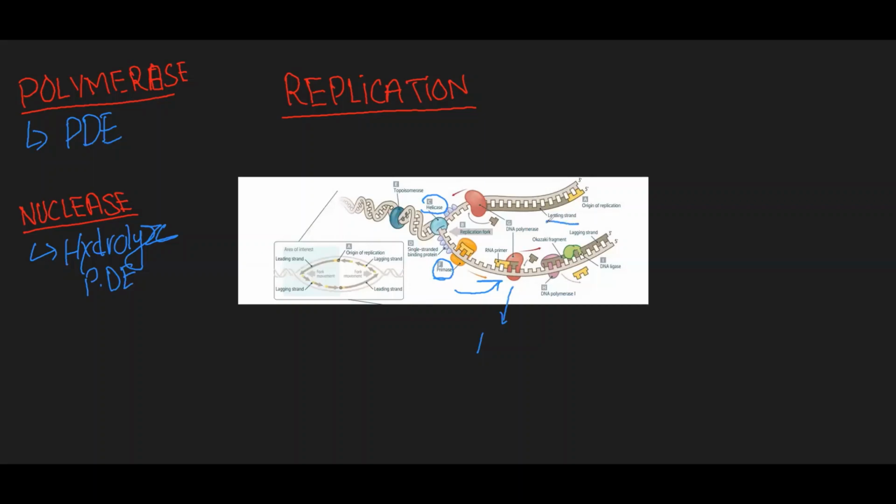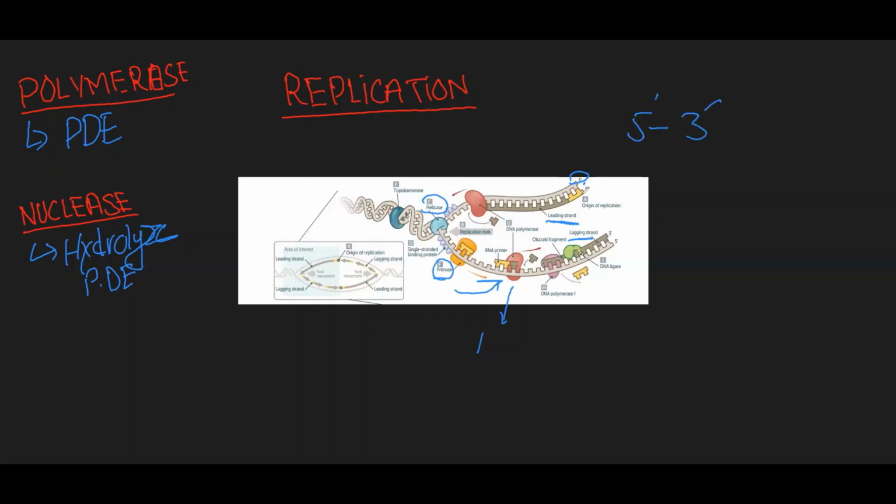So there are two strands, one is a leading strand and another is a lagging strand. Basically, DNA has two strands. This is the 3' end of the parent strand. DNA polymerase has a characteristic: it synthesizes DNA in the 5' to 3' direction.